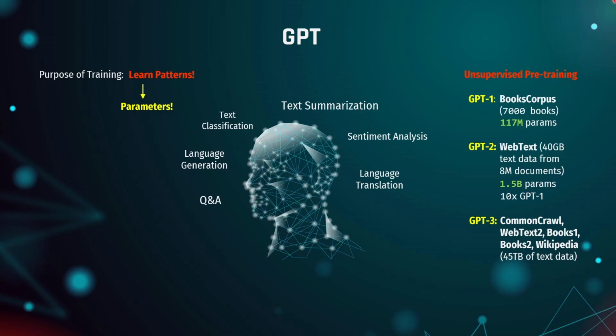And can you imagine how many parameters GPT-3 might have? An astounding 175 billion parameters, which is 100 times more than its predecessor GPT-2. So now our GPT model is trained to generate human-like texts for any given NLP task, right?